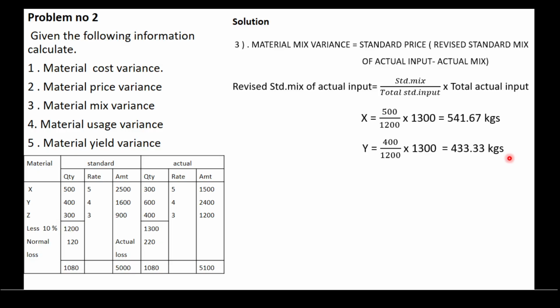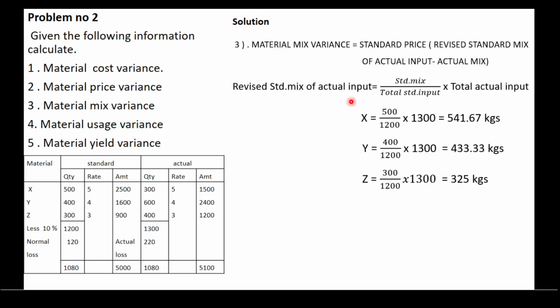And next for the material Z, the standard mix is 300 quantity divided by total standard input 1200 into total actual input 1300. So 300 divided by 1200 into 1300. So 325 kgs is the revised standard mix of actual input for the material Z.